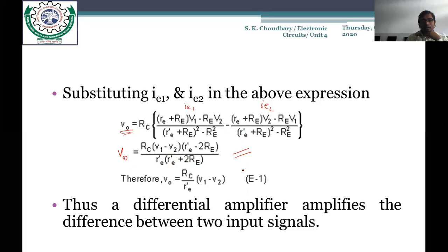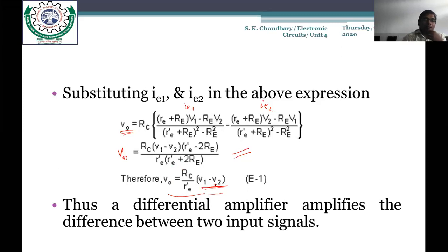And when you perform this approximation, you would find V naught is equal to RC upon RE dash into (V1 minus V2). Thus in this case we can say that the differential amplifier only amplifies the difference between these two signals.